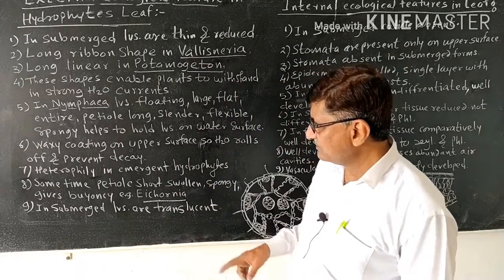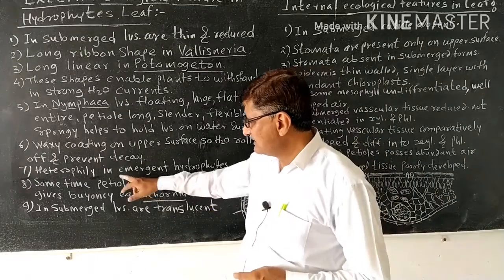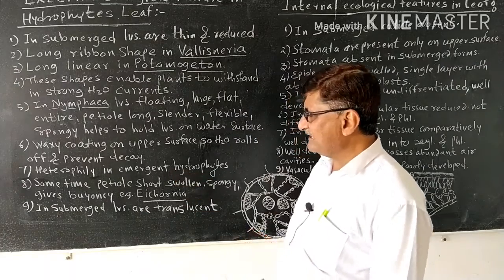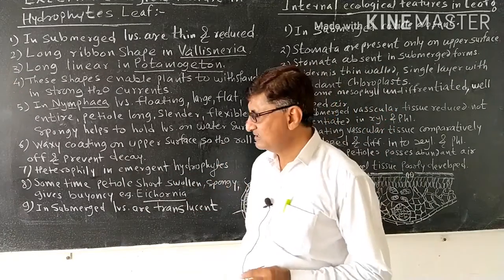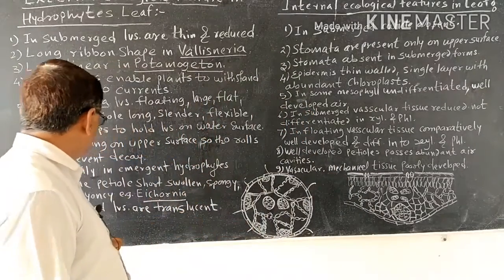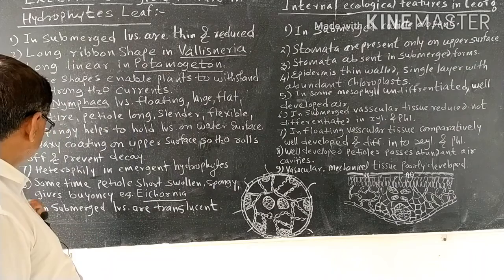Such two different types of leaves on the same stem in an emergent hydrophyte is called heterophylly. So this is the development of two different types of leaves in some emergent hydrophytes.